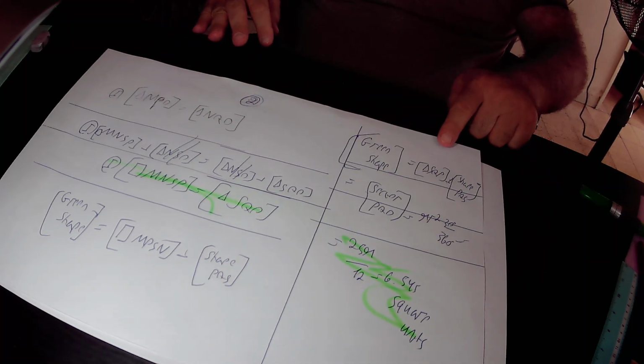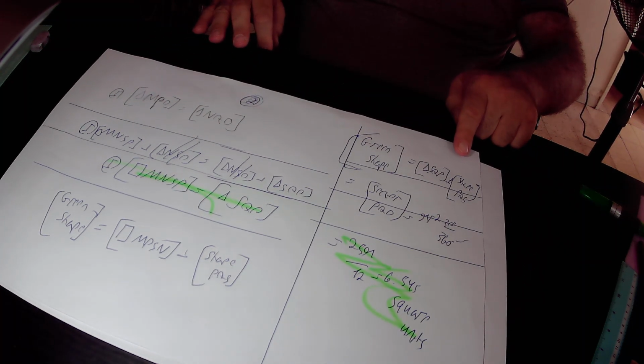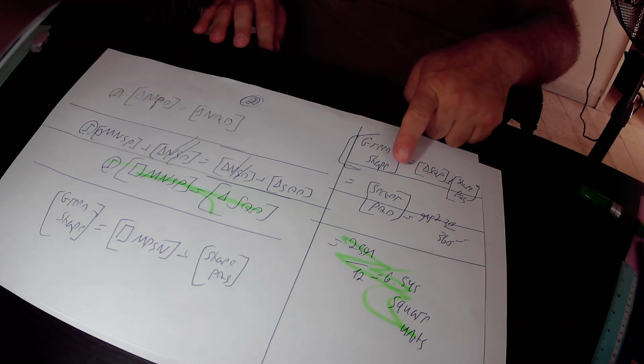Again, the area of triangle SQO plus the area of shape PQS equals exactly the area of sector PQO.